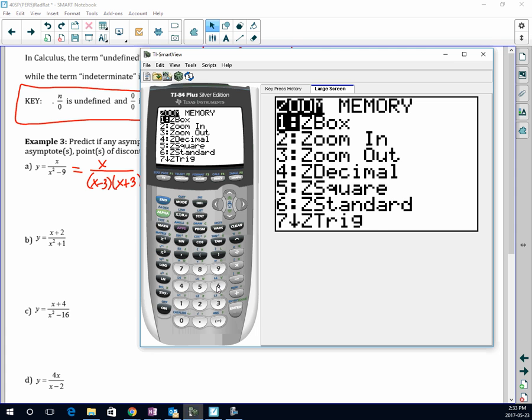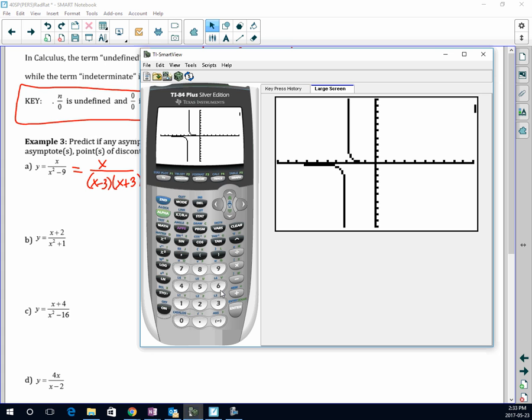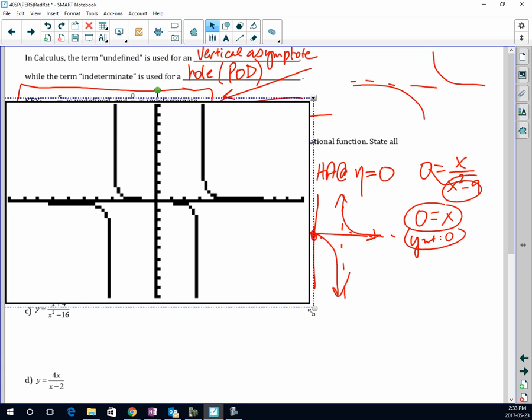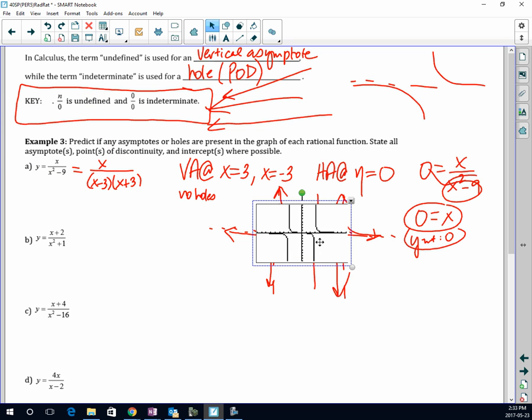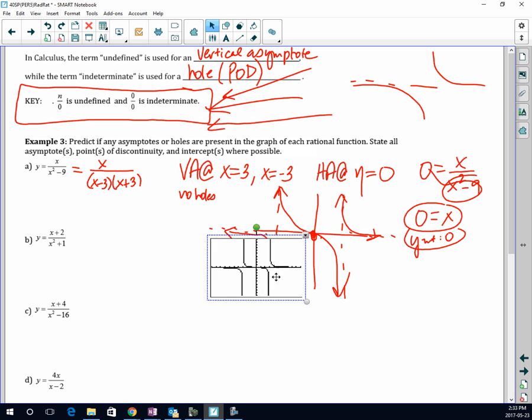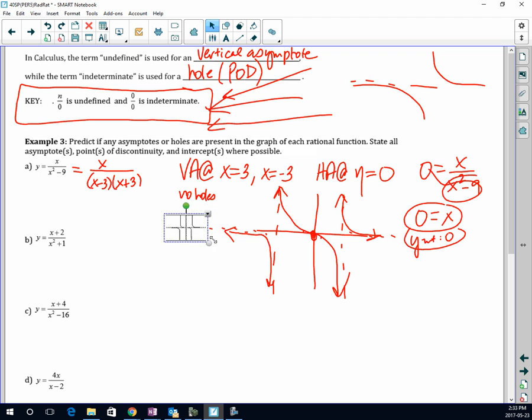And I'm going to go zoom 6. And it looks exactly like our graph. Look at that. Does that not look like my graph? Sort of. I'm just going to shove it out of the way here. There we go.